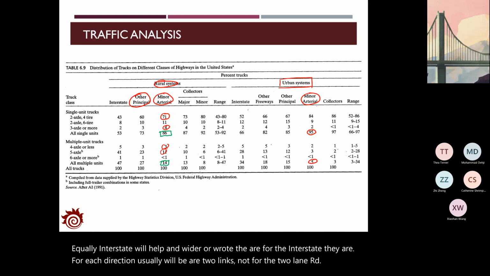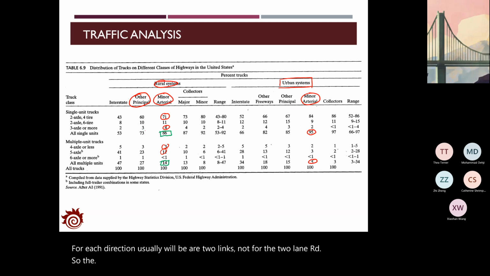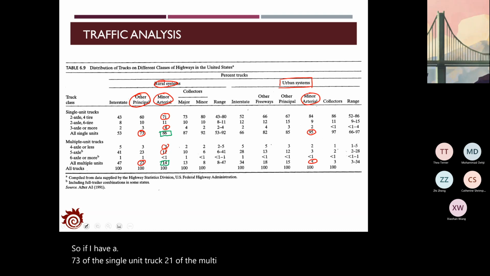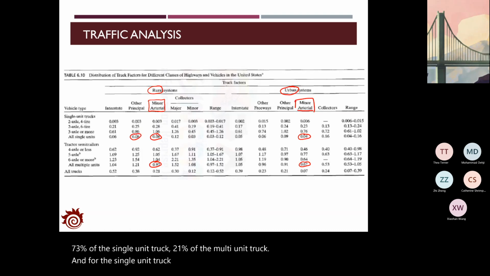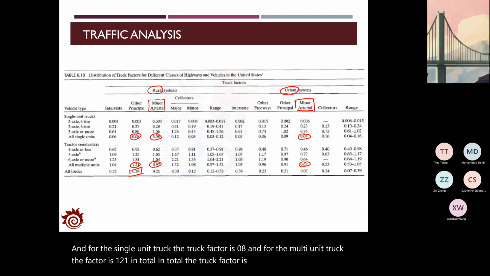So it will have 73% single unit trucks, 21% multi-unit trucks, and for the single unit truck, the truck factor is 0.08, and for the multi-unit truck, the factor is 1.21. In total, the truck factor is 0.38.